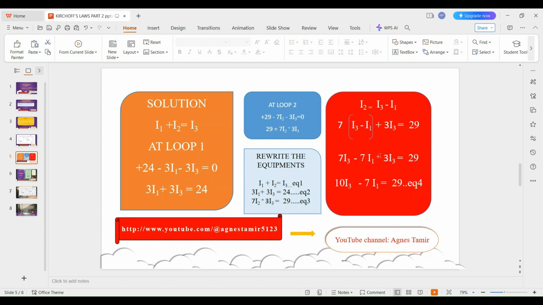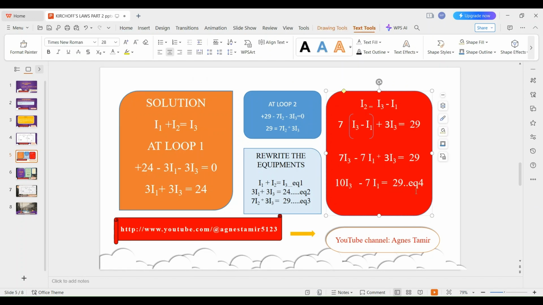We have like terms here, that is 7 I3 plus 3 I3. So we add the like terms. 7 I3 plus 3 I3 is equal to 10 I3. Then we have negative 7 I1 is equal to 29.